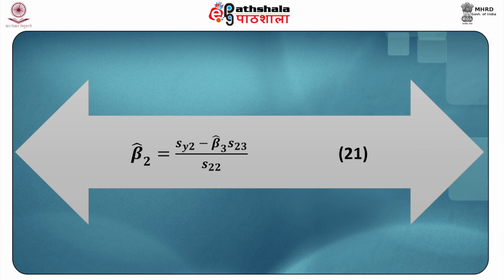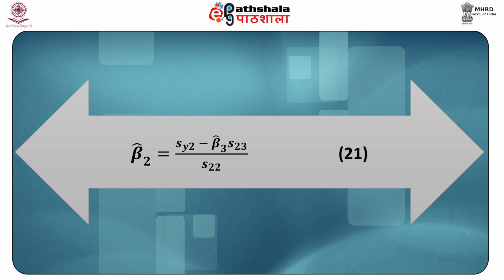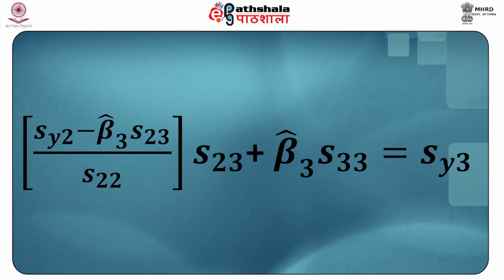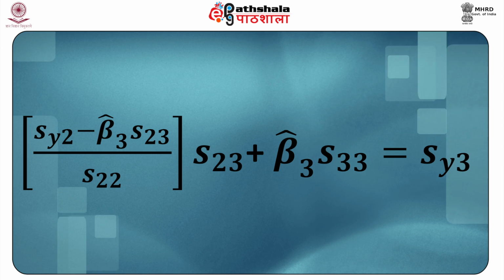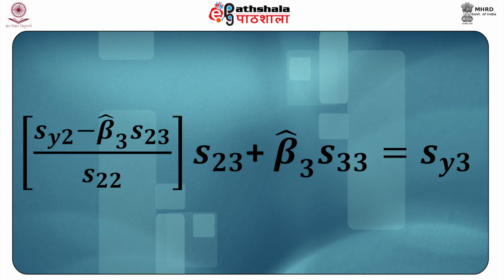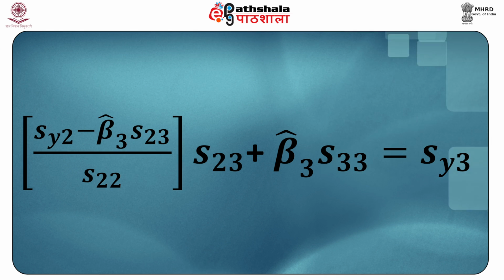Now the solution to the above two normal equations is simple, and it is that beta 2 hat is equal to Sy2 minus beta 3 hat S23 upon S22, and we can denote this as equation 21. Now substituting this into equation 20, we obtain Sy2 minus beta 3 hat S23 upon S22 into S23 plus beta 3 hat S33 equal to Sy3.